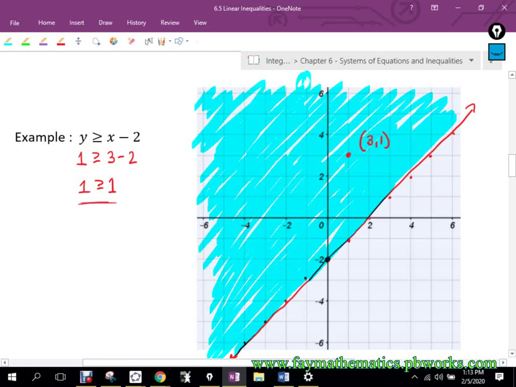They're equal here, so is that true or false? Is 1 greater than or equal to 1? It's true. I only have to satisfy one of those. I either have to be greater than or equal.